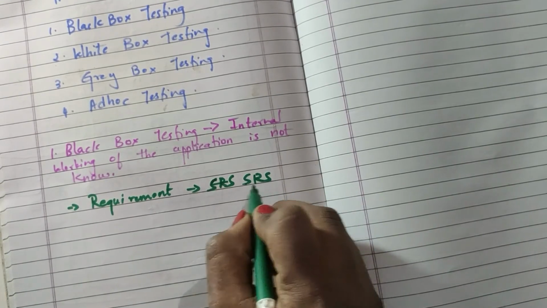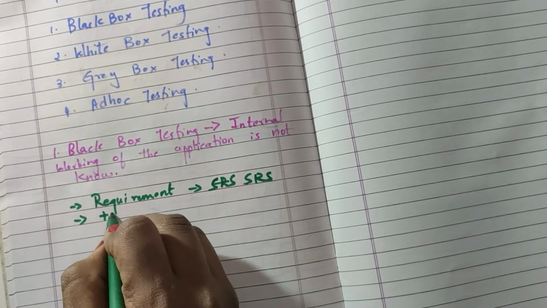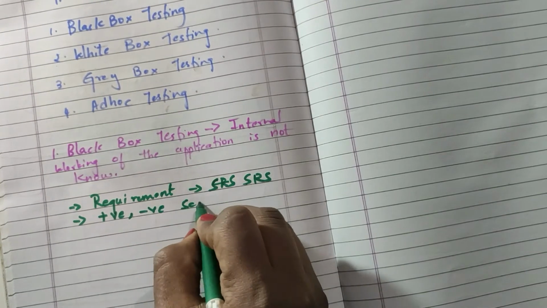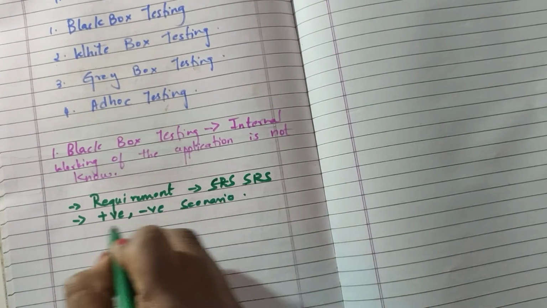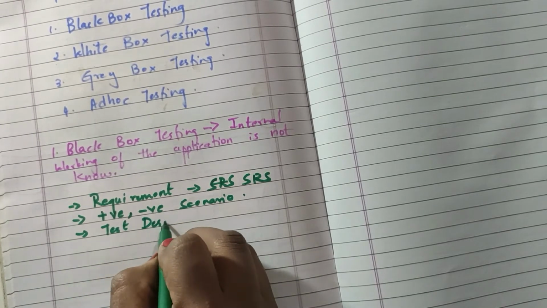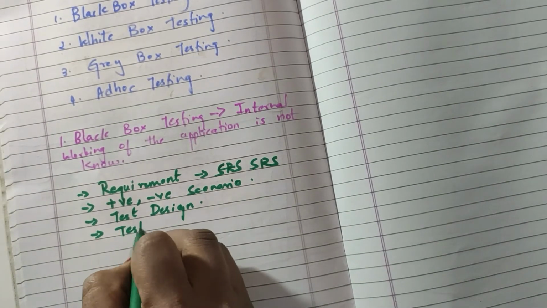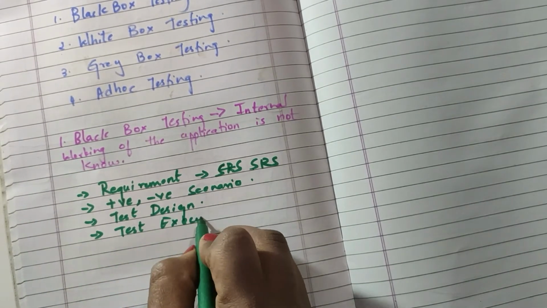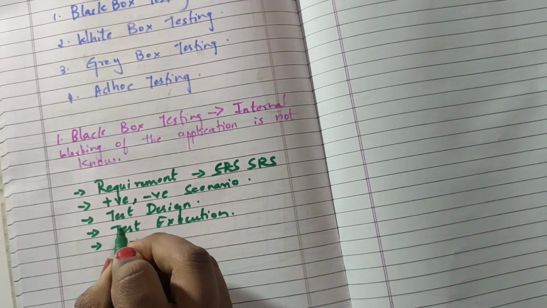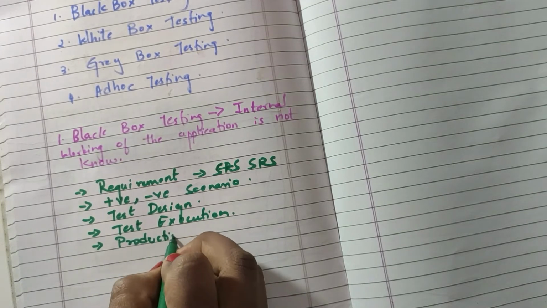Next, the tester tests the application with positive and negative scenarios, designs the test cases according to the scenarios, and then executes the tests. If all is fine, it moves to production.